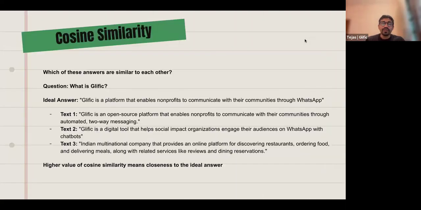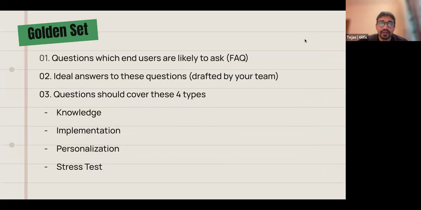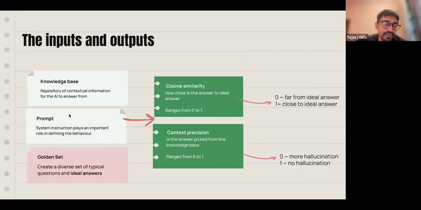So going back, once we have the knowledge base and prompt, which you already have, then you have the golden set of questions, and a diverse set covering all four aspects, we can run the eval. There are multiple ways to run the eval. There are lots of different libraries you can use, or you can write your own code. There are lots and lots of ways to do this.